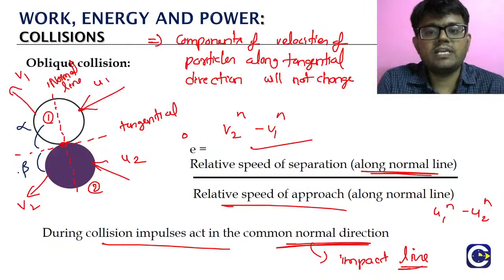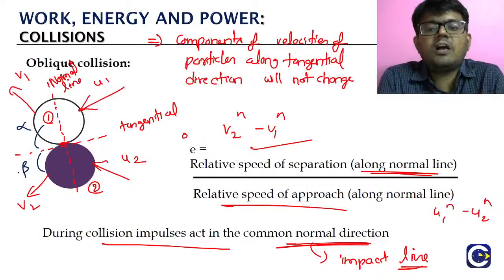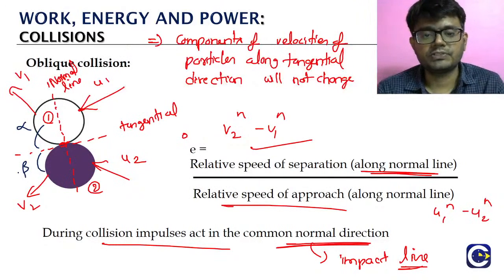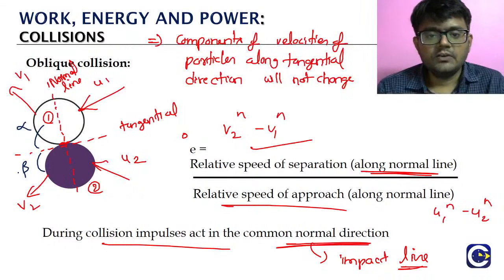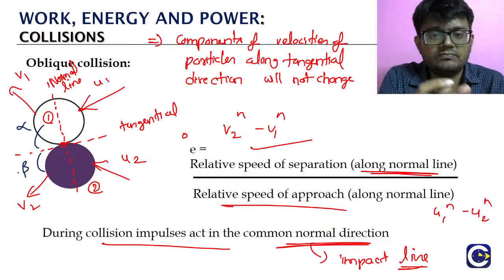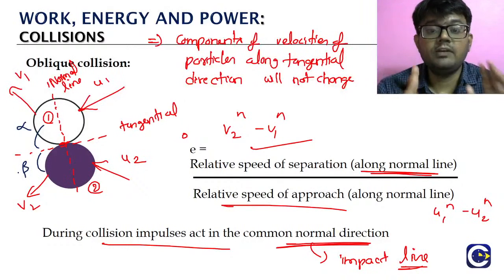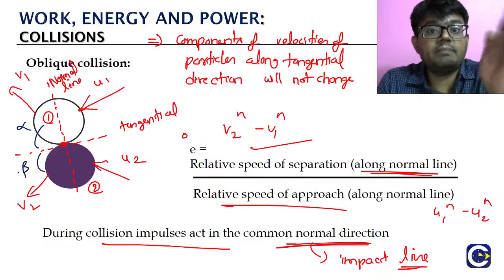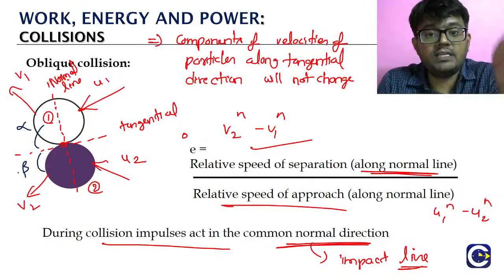So mostly, at the NEET level, we will have simple level questions based on oblique collision. Completely getting the velocities with direction will not be asked, because we will have how many variables? 4 variables will come: the value of the velocity, the speed, and the angle made by that velocity with the normal direction or the tangential, whichever it is.